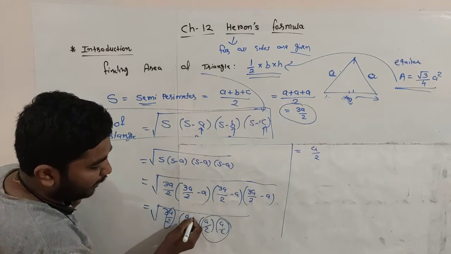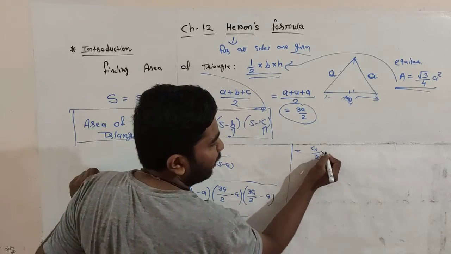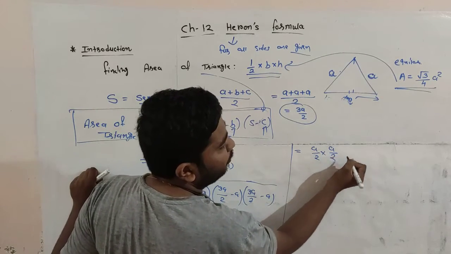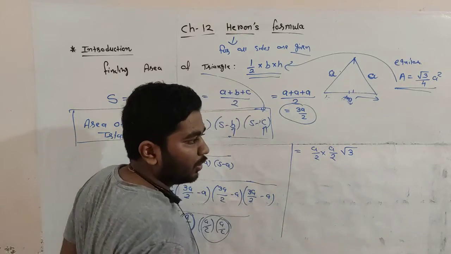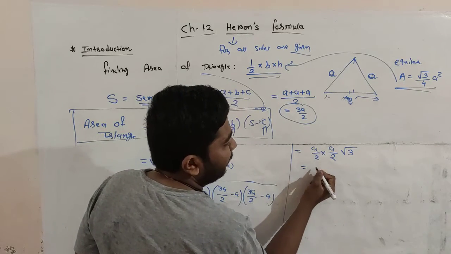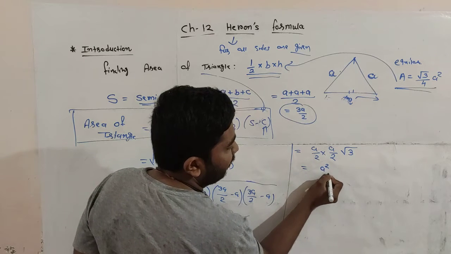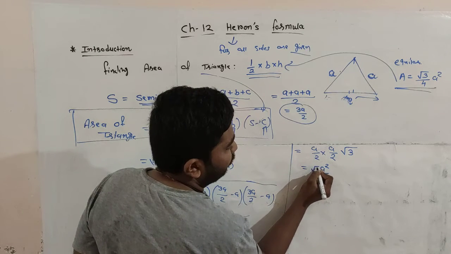Similarly, here also a by 2 and here also a by 2. So its square root would also be a by 2, and inside the square root it would be root 3. Now if I multiply this, this would be a square upon 4, and here it is root 3.